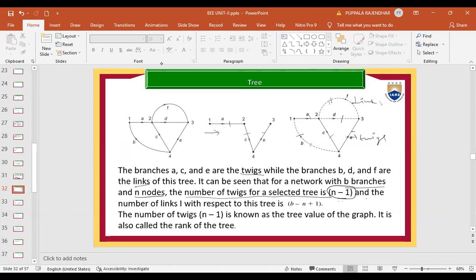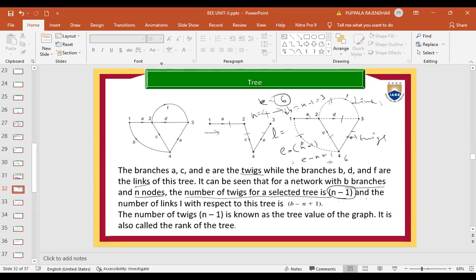Total branches here are 1, 2, 3, 4, 5, 6. So we have 6 branches, and 4 nodes. Twigs will be equal to n minus 1, that is 3. Total elements are 6, so how many links? Total elements minus number of twigs, which is equal to e minus n plus 1.